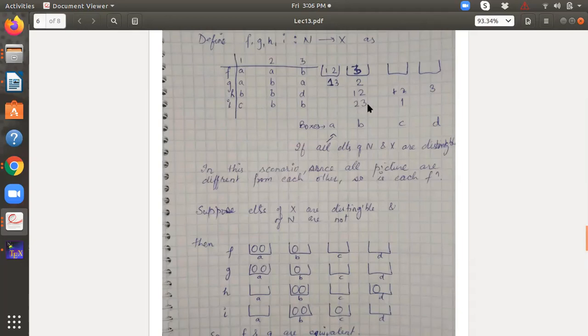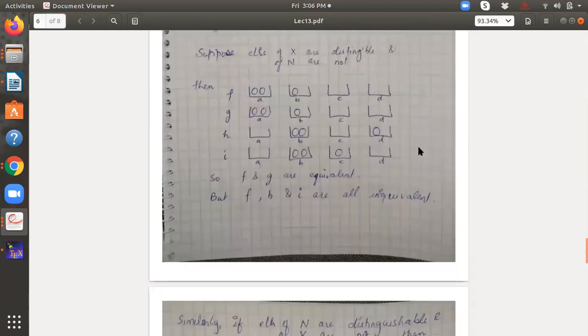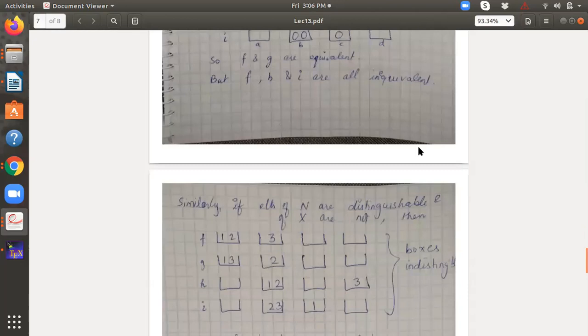I sends 2 and 3 to a box, 1 to another box, and two of the boxes are empty. So which of the two functions are same now? Equivalent? Let me show you. So here is the picture. F and H are equivalent, right?